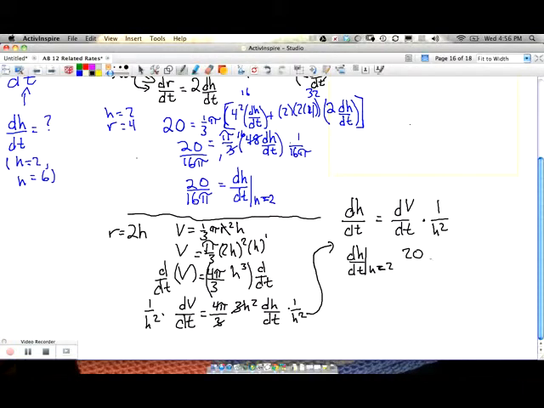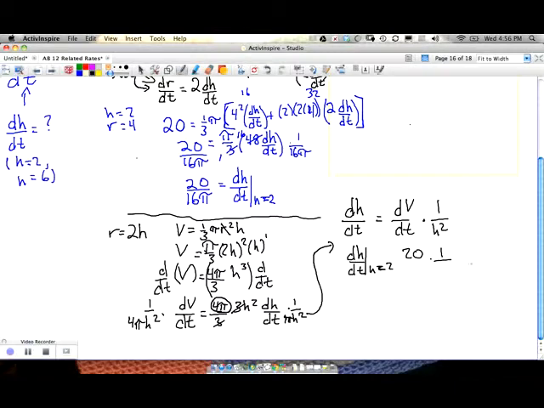dv dt is 20, and 1 over h squared is going to be 1 over 4. I'm missing a pi in here. This 4 pi, so that 4 pi is actually going to be in there as well. So let's see, how would that simplify? I'm dividing by h squared and 4 pi on both sides.